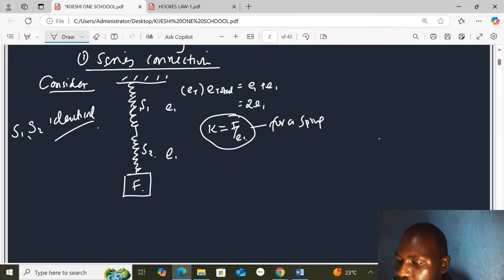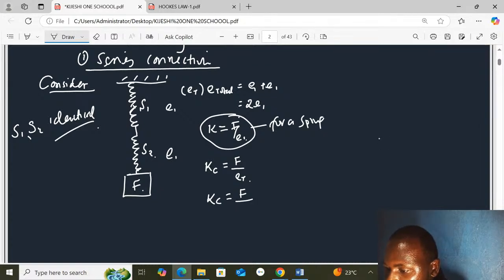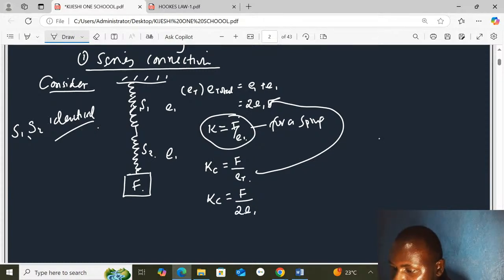Therefore, now if you want to get what we call the combined spring constant, it will be the acting force over E total. Therefore, our combined spring constant will be the same as F over E total, which is F over 2E1.